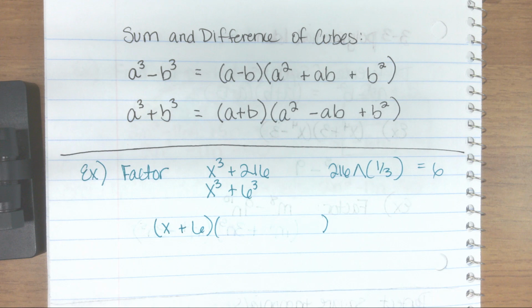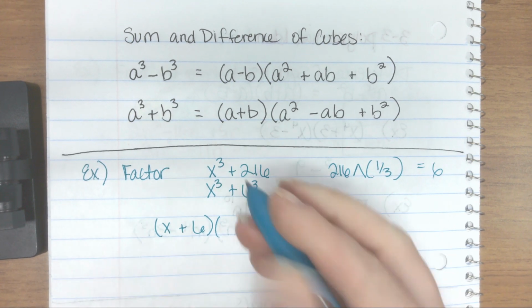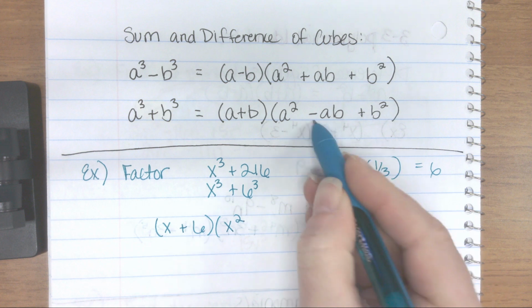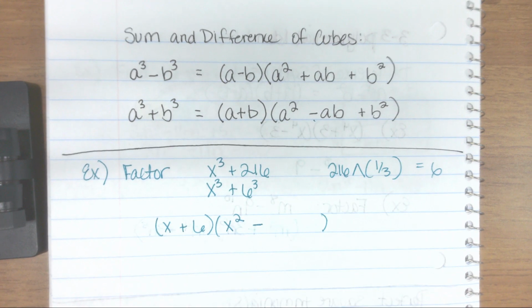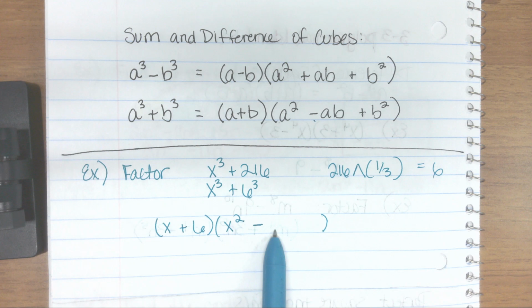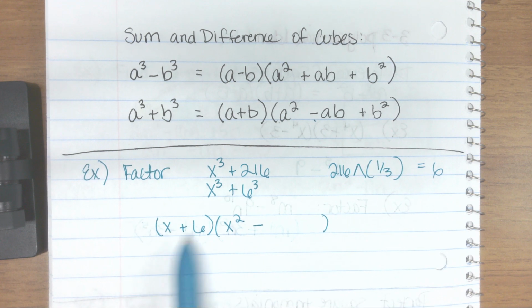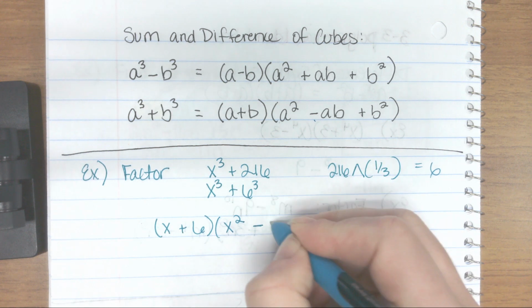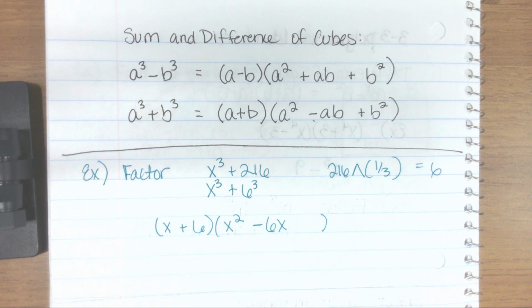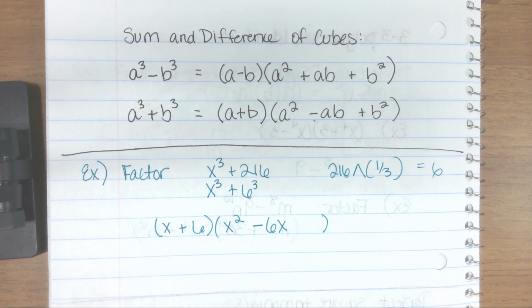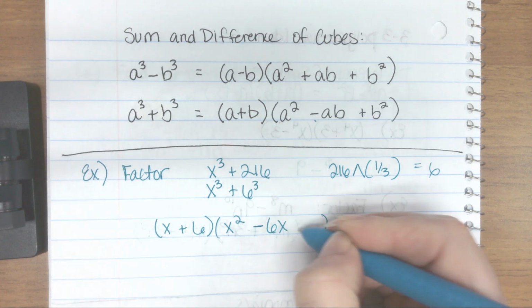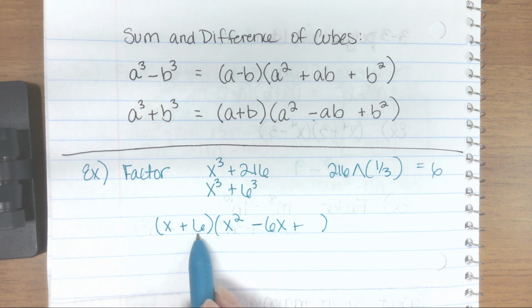And then I need x squared, I need a subtraction. And then this term is always going to be if you would take these two things and multiply them together. So 6x in this case. And then what would my last term be? Plus 36. Plus. Wait, no, plus. No, you were right. This squared. Yep. Oh, okay. Yep. Plus this squared. So 36.